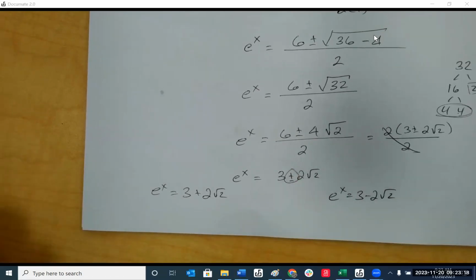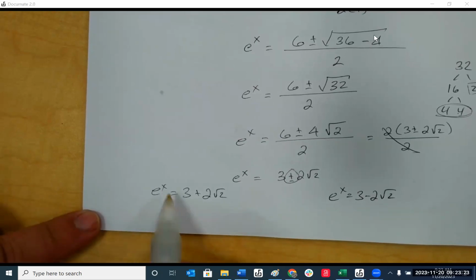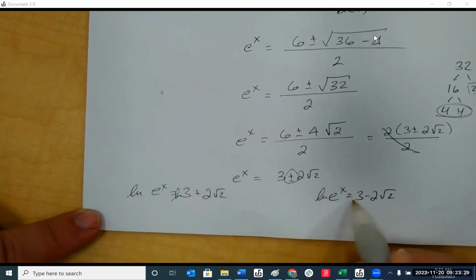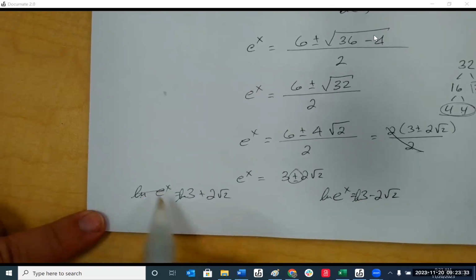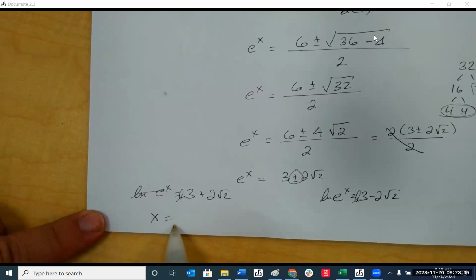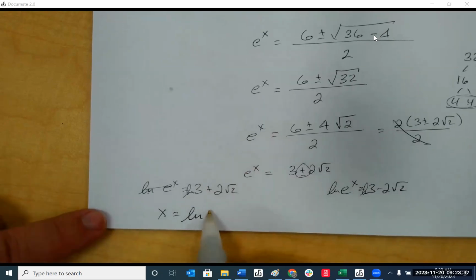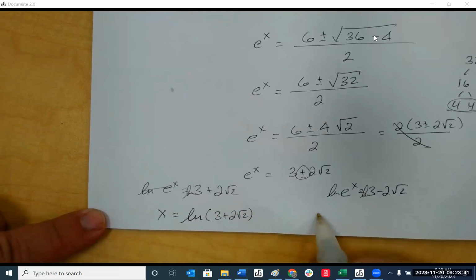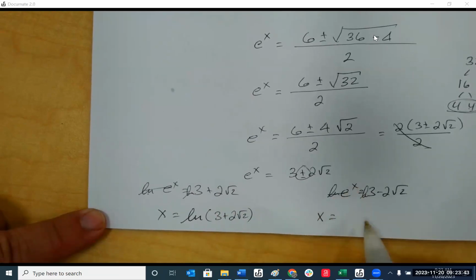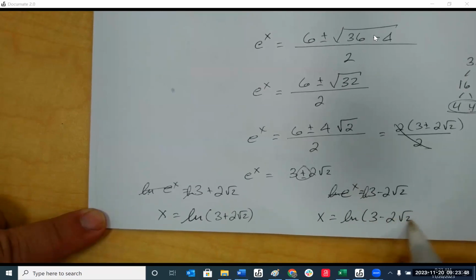We have to take one of each. We're solving for x. How do we get the x down? Take the ln of both sides. Ln e to the x is simply x. So x is ln of 3 minus 2 radical 2.